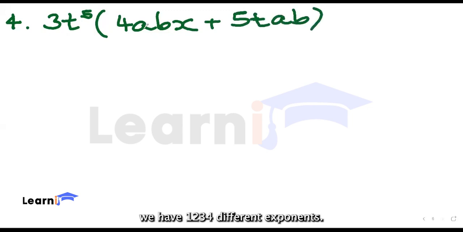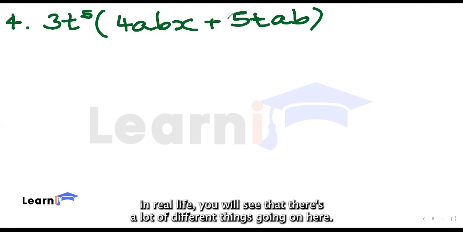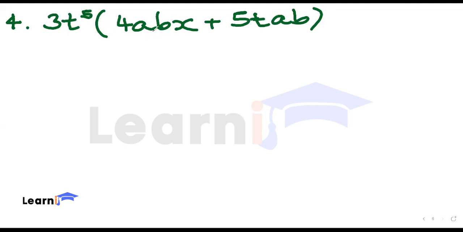So here we have 1, 2, 3, 4 different exponents. Now, in reality, or whatever this expression mimics or models in real life, you will see that there's a lot of different things going on here. Okay, this is a complex situation.